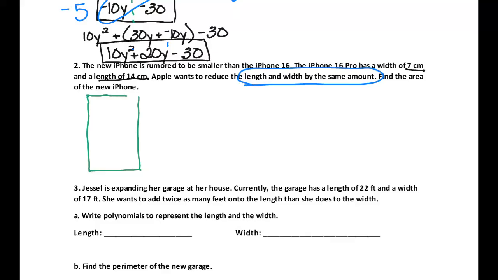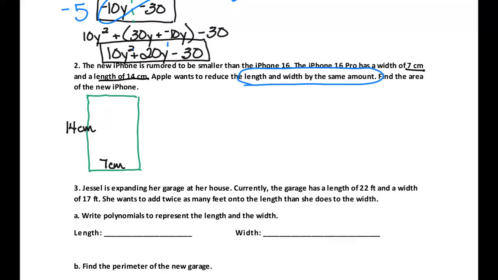Actually, I'm drawing a picture of a rectangle, and it says the width is 7 centimeters. And my length is usually longer, is 14 centimeters. Apple wants to reduce the length and the width by the same amount.